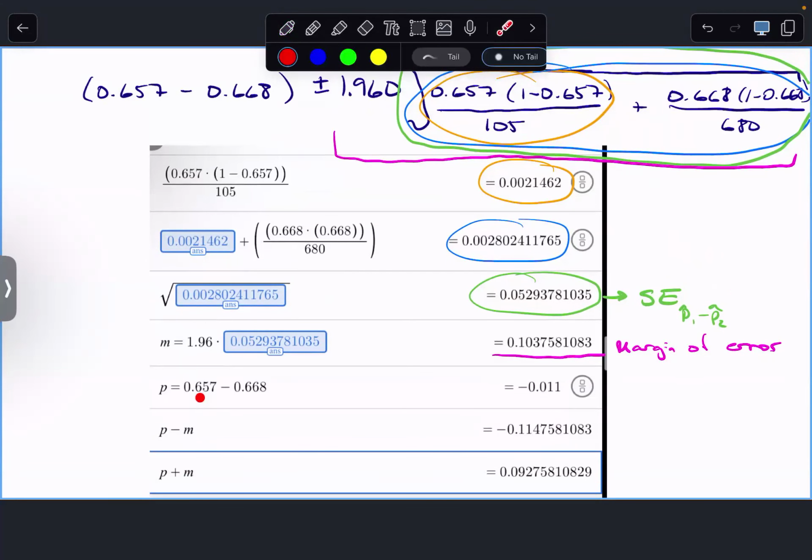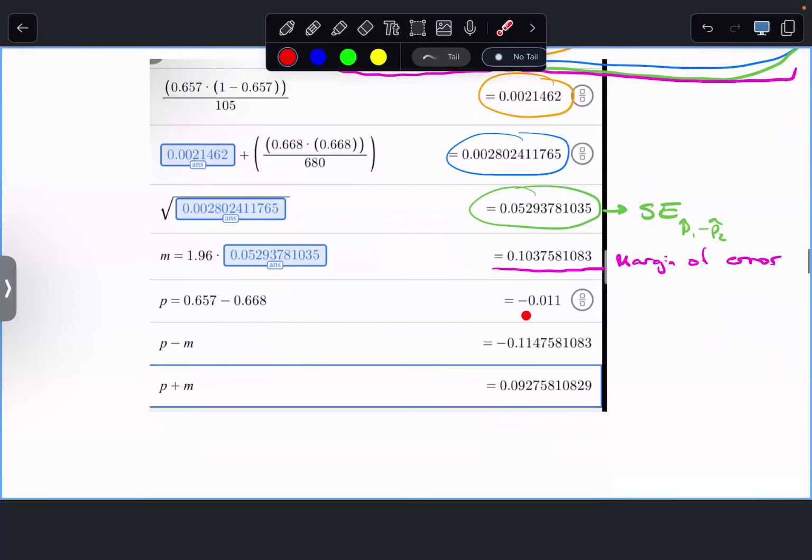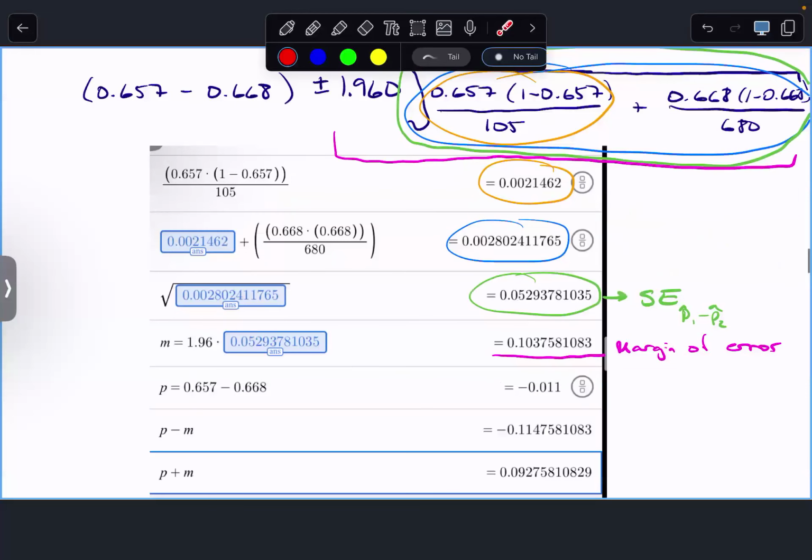My point estimate is 0.657 minus 0.668, which is a difference of negative 0.011. This goes here.